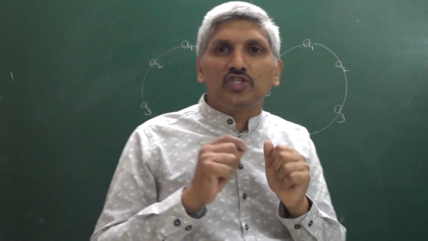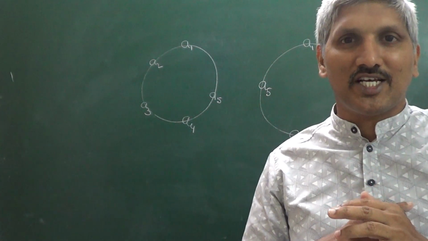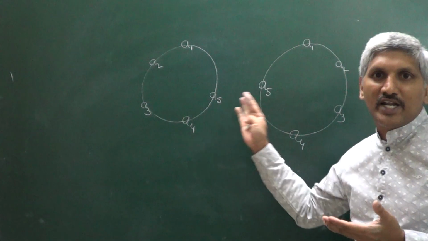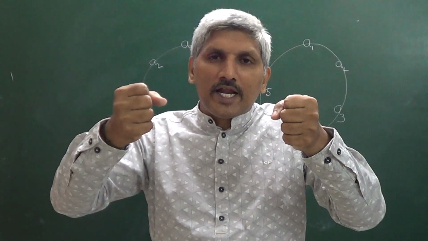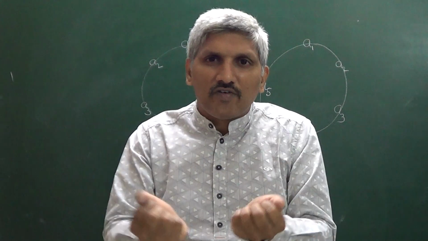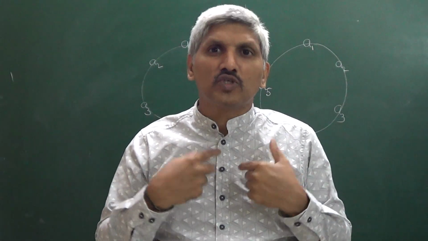So where there is no significance for clockwise and anti-clockwise directions, in that case these two arrangements we can take as the same. You see, you are holding a garland like this, a flower garland, or a necklace, a gold chain.